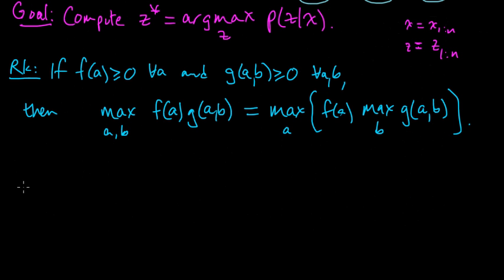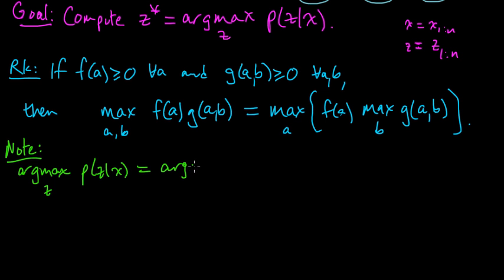So next, we are going to compute this argmax over z. Let's make the following observation. Note that this is proportional to the joint distribution of z and x, as a function of z.